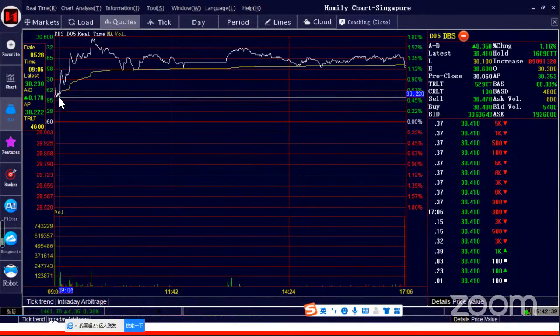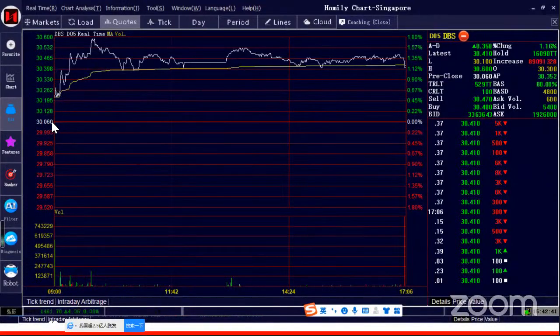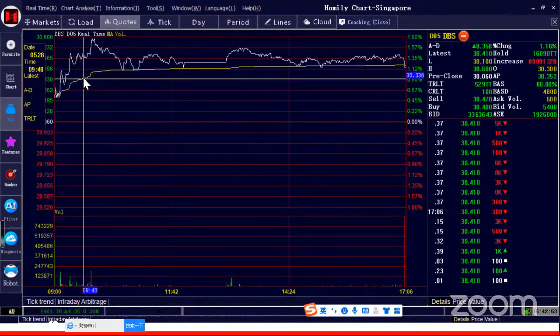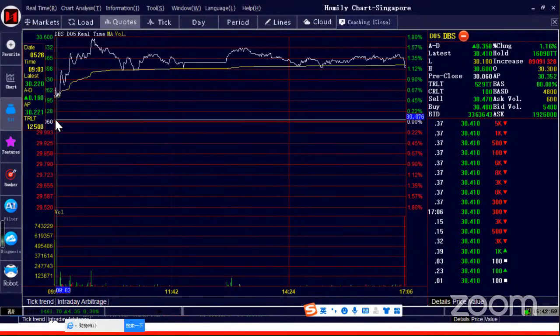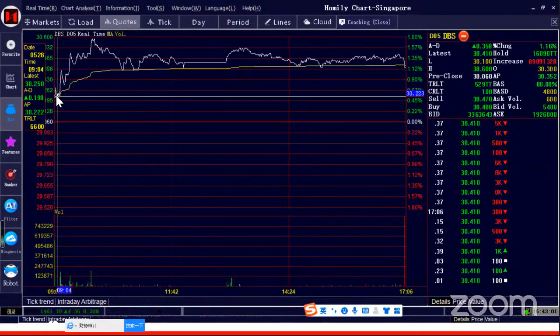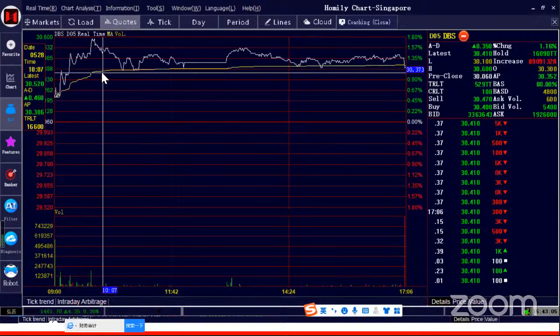You can see here the starting point is yesterday's close price, $30.06, which was the day before's closing price. And the yellow line is above at $30.66.